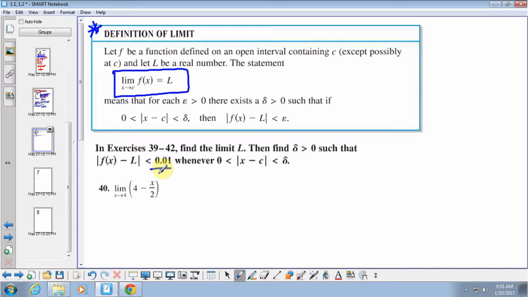You should be able to find that delta, where there is that distance around C that we're going to start honing in toward that limit L. The goal here in these problems that we're about to do is to find what delta is.